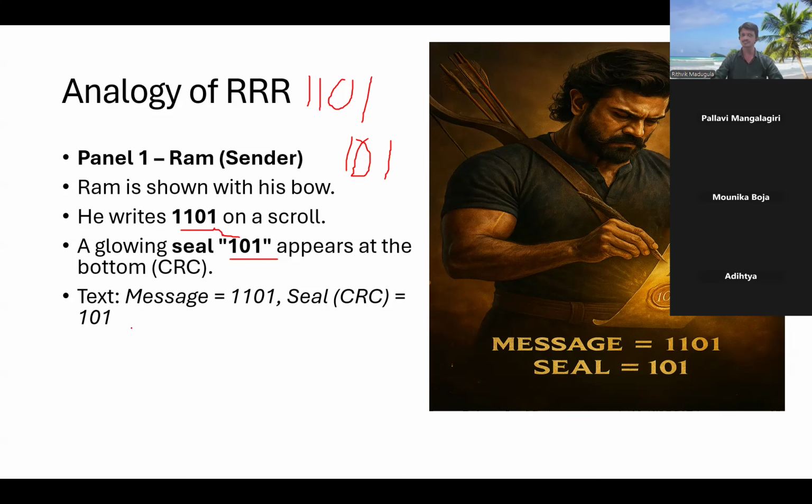Now what happens? Ram is going to encrypt this with the help of the message 1101. So this message has a degree of 3. So now Ram is going to add 3 zeros to this particular message. Now he is going to divide this particular message by that particular key so that there is some sort of remainder.